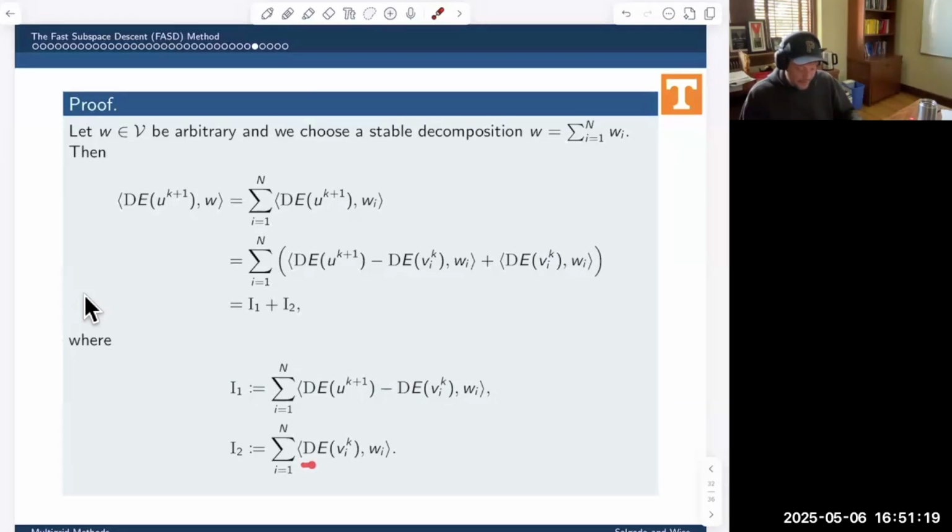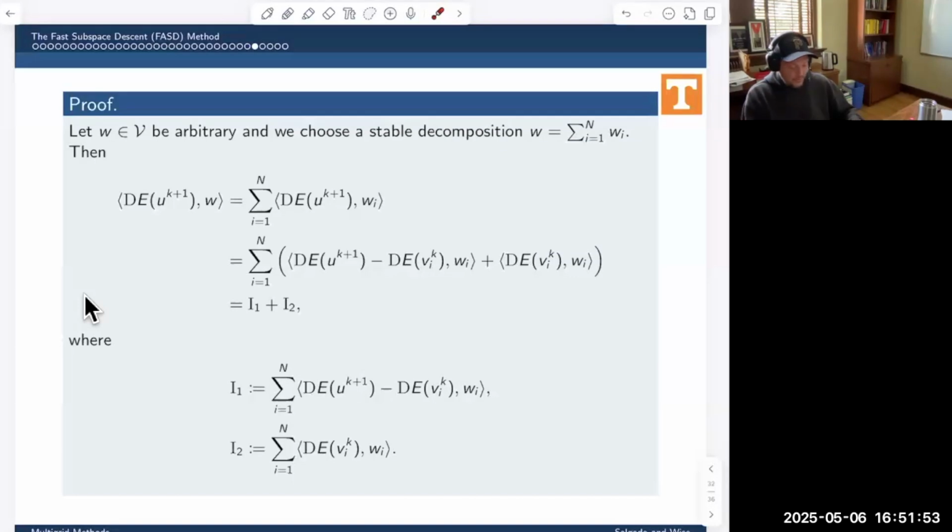So this part here is no longer 0. We can't just throw it away. So we're going to have to estimate this guy separately. I1, however, we've done this estimation before. This is exactly the thing that we use the strengthened Cauchy-Schwarz and the stable decomposition to satisfy. So we're going to assume that W is arbitrary, but we have a stable decomposition of that W into WIs.